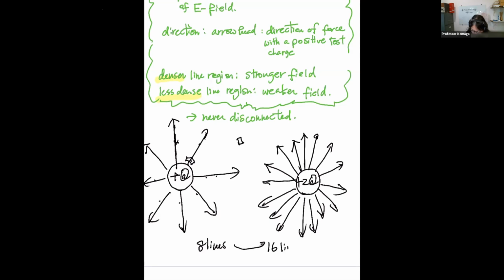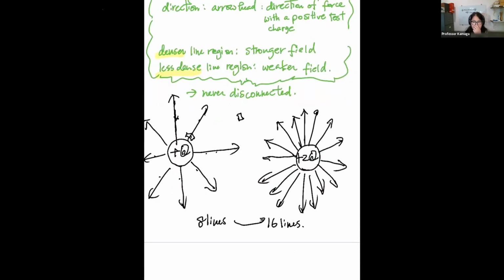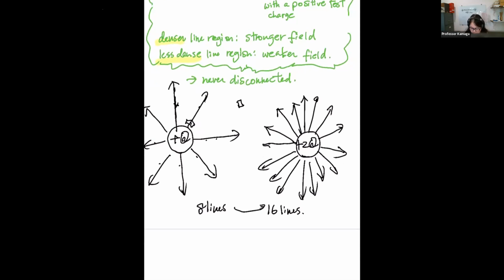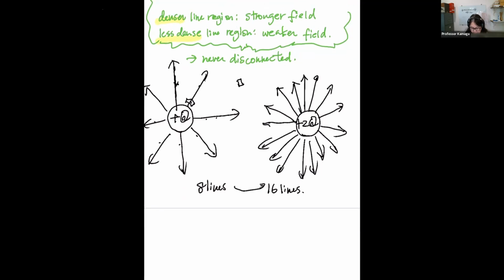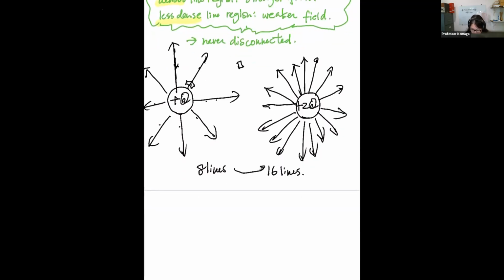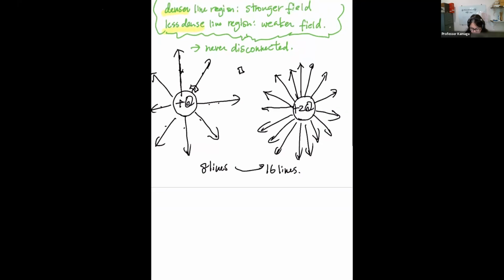It's not about the length, it's about that. So this is the electric field lines of a 2Q. If plus Q is 8 lines, the 2Q represents the more dense lines, and it's still radially outward.